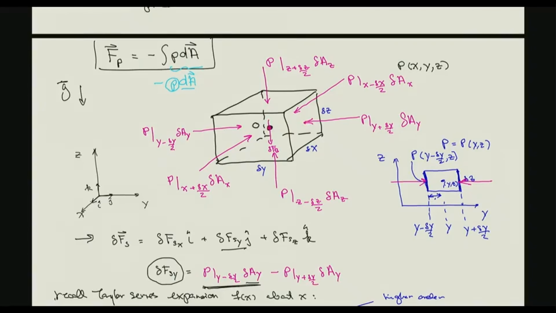So that's how the forces associated with the pressure work. This delta AY, by the way, is delta x times delta z, simply. So we can consider each of these 6 forces.